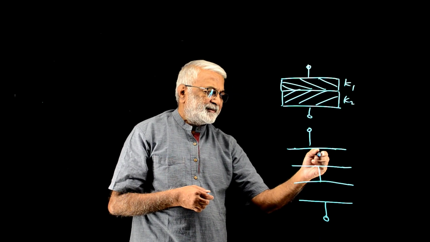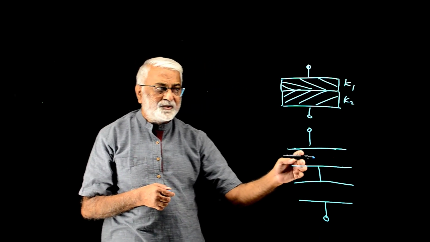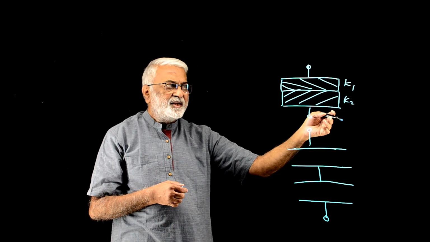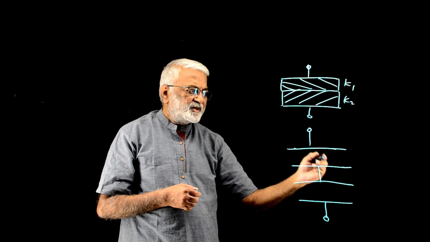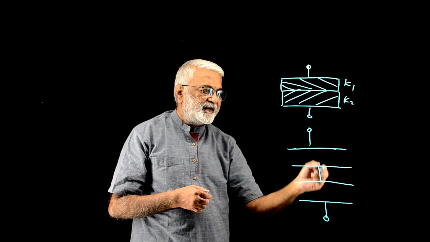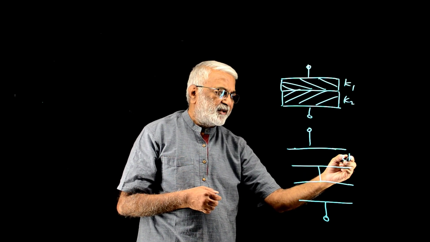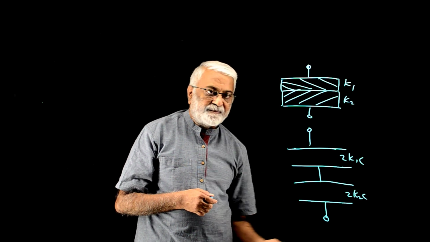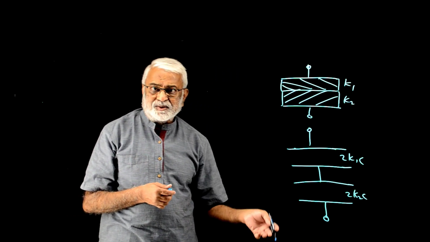So this is a capacitance of 2C, right? If this epsilon 0 A by d was C, this is half the thickness, so this is 2C. But now there is a dielectric of K1, so this becomes 2K1C. This is 2K2C, and these are in series.